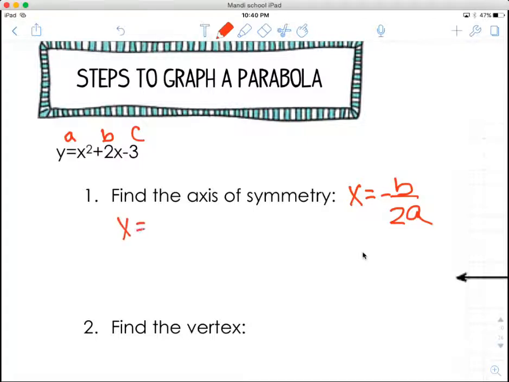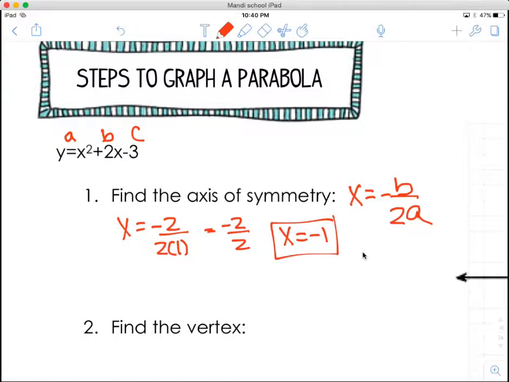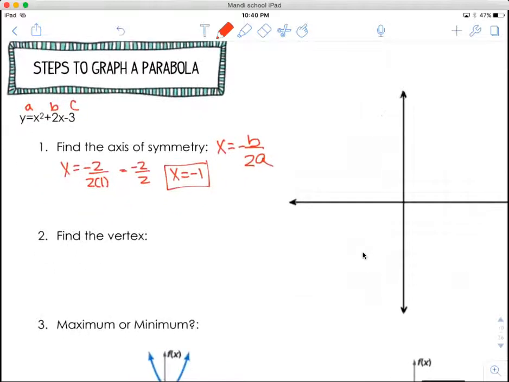So x equals negative b over 2a, and a is 1, so that's negative 2 over 2. So x is negative 1. Let's come over here on our graph and draw in x equals negative 1 with a dotted line to show that that's our axis of symmetry.